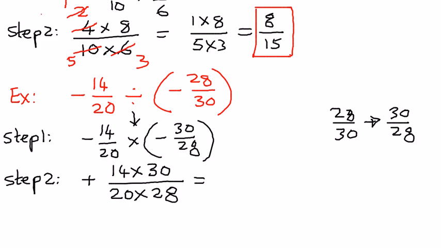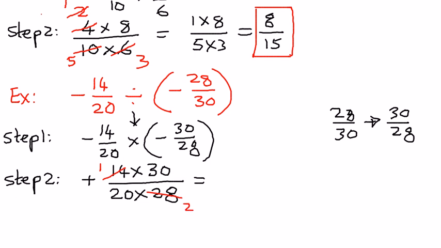We're going to look at the numbers in the numerator and numbers in the denominator, and if they are multiples of one another, we will simplify it. Now, we have a number 14 in the numerator and 28 in the denominator. 28 is a multiple of 14. So 14 times 1 is 14, 14 times 2 is 28.